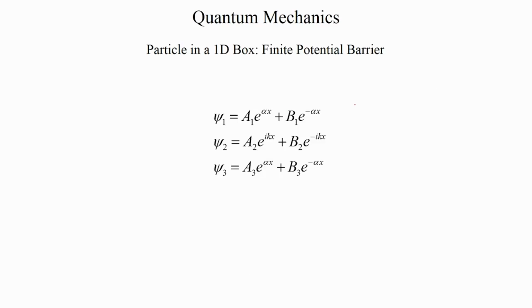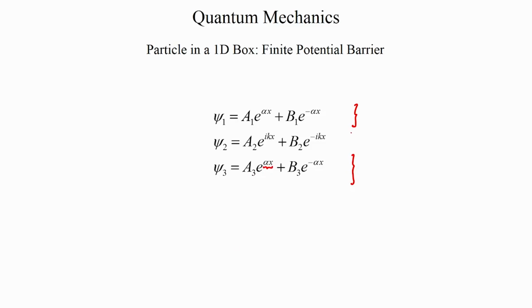That solution could be of this form. If you have exponentials of a real number, then you will end up with a possible solution. Similarly, in region 3 you have a similar description where you have exponentials of a real term.